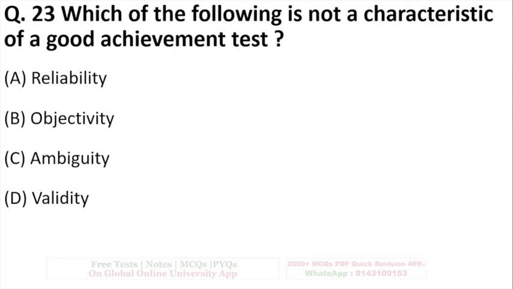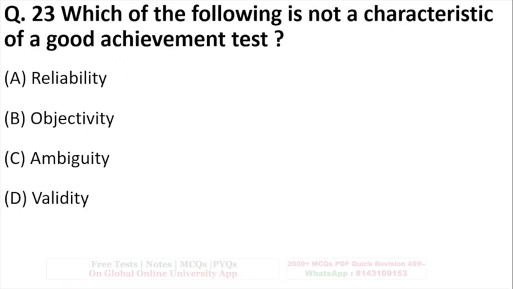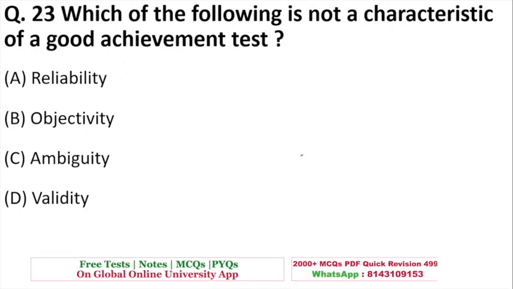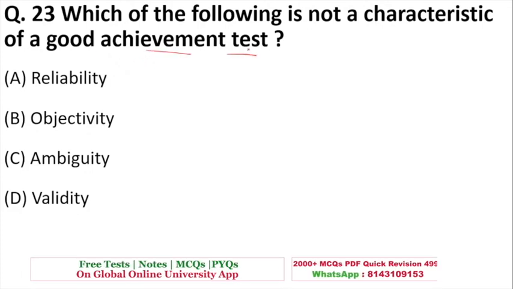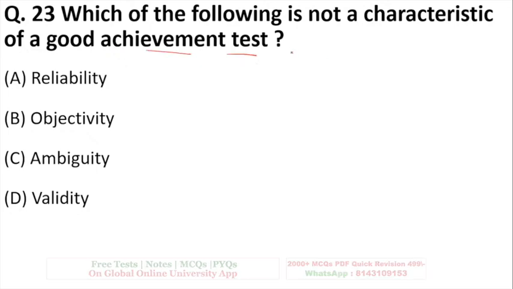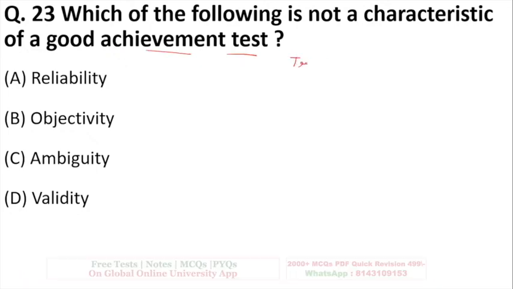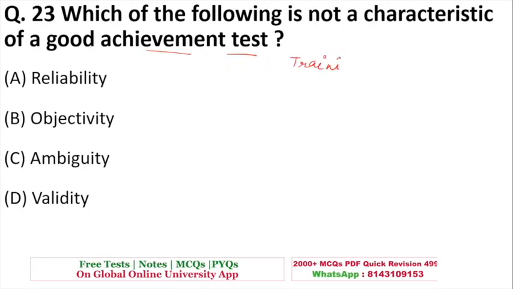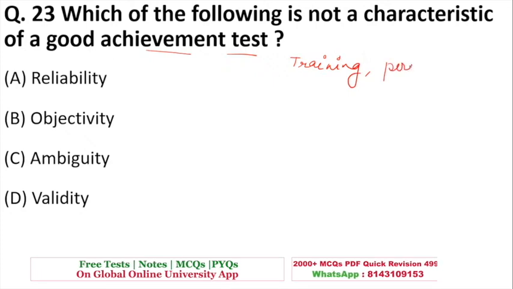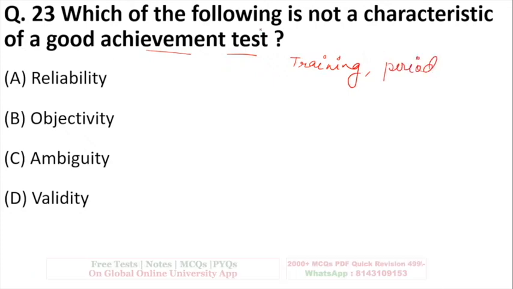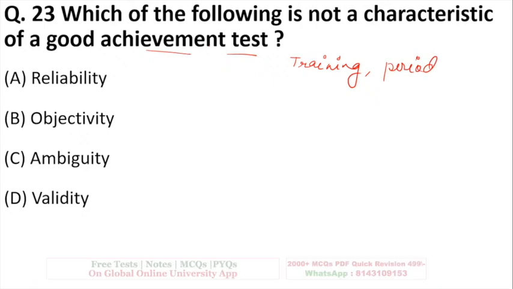Which of the following is not a characteristic of a good achievement test? So achievement test, some student might ask what is an achievement test. It means a test where some training is being provided, or there is a particular period for which something is taught and then it is being tested.